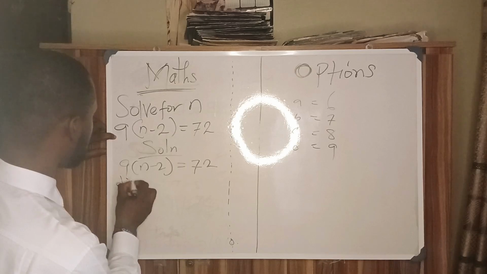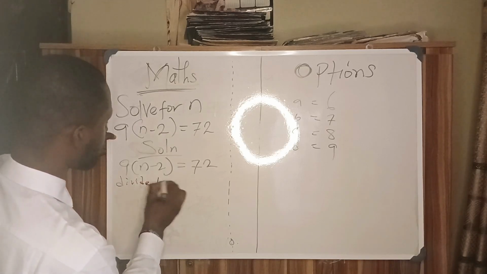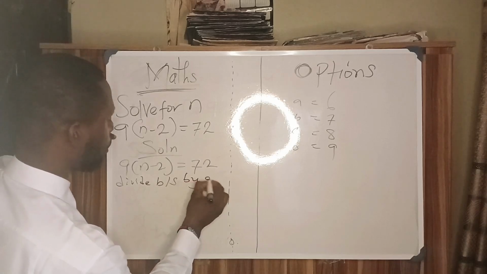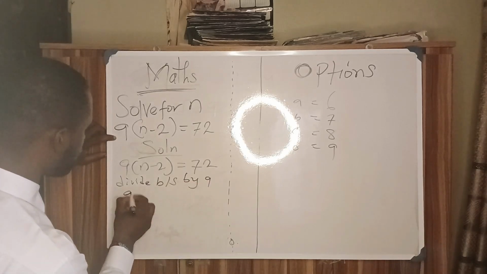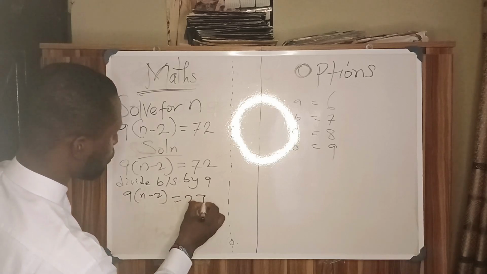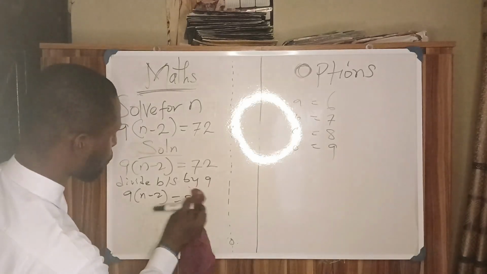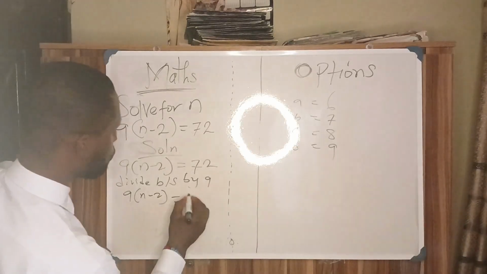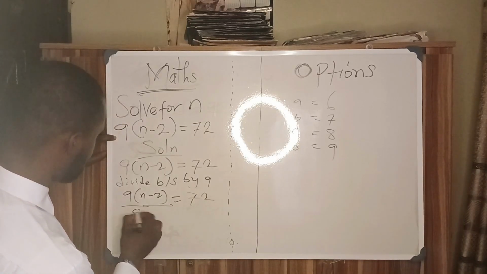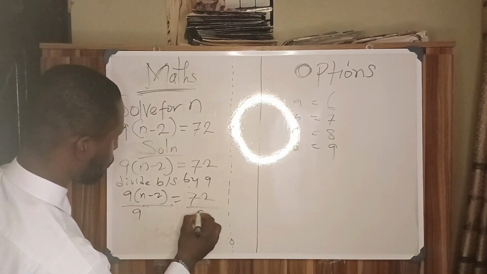So divide both sides by 9. This is what we are going to do: 9 into n minus 2 in brackets equals 72. We divide the whole of this by 9, and the whole of 72 by 9.